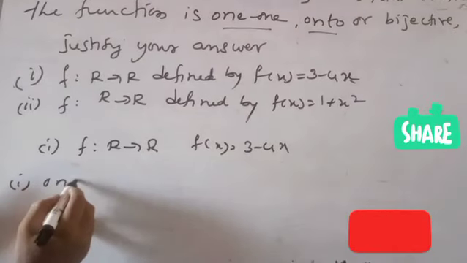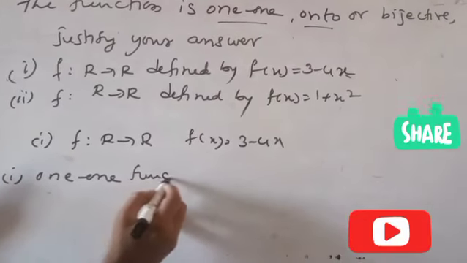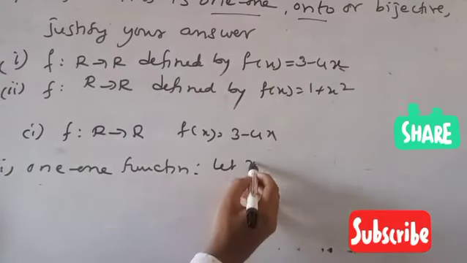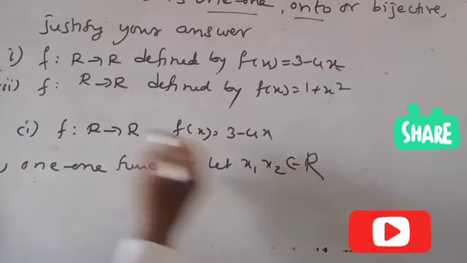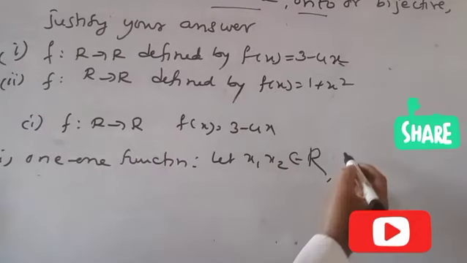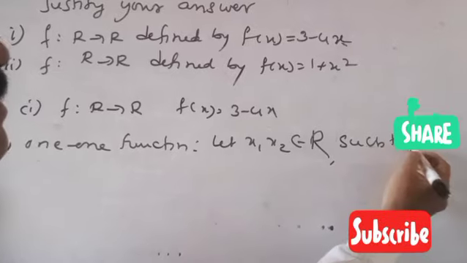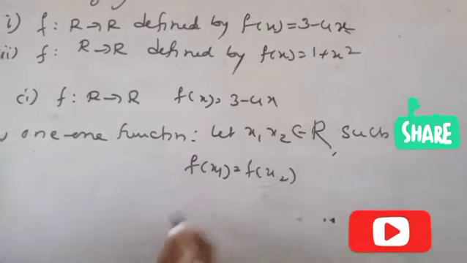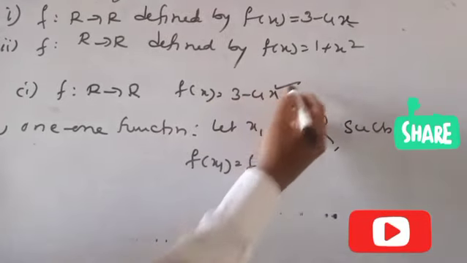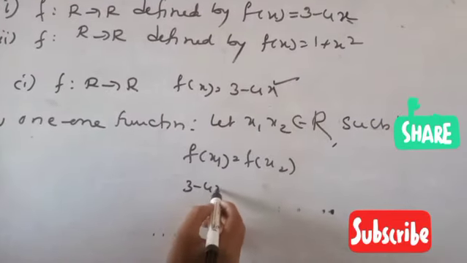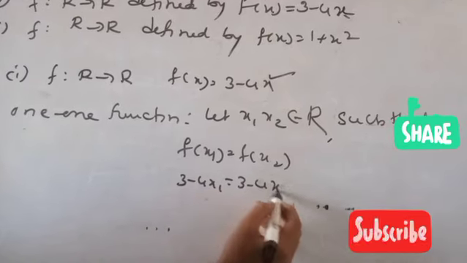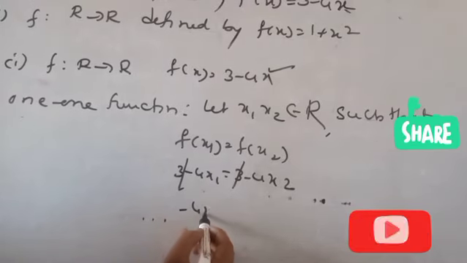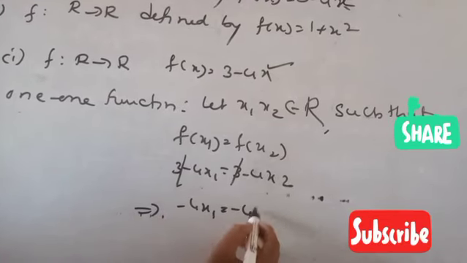First, one-one function. Let x1, x2 belong to the set R such that f(x1) = f(x2). f(x) is 3 - 4x, so f(x1) means 3 - 4x1 = 3 - 4x2. 3 and 3 cancel, so -4x1 = -4x2.